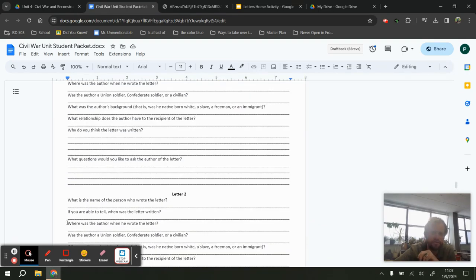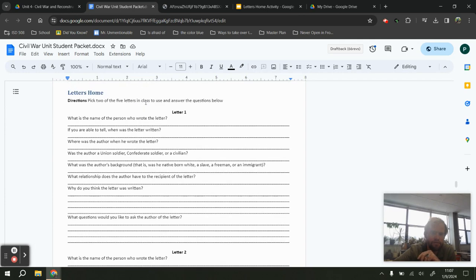As it goes through, I'll change that, but we're going to use these questions. What's the name of the person who wrote the letter? Can we tell when the letter was written? Where was the author? Was the author a Union soldier, a Confederate soldier, or a civilian, someone who wasn't fighting on either side? What's the author's background? Is he native born white?